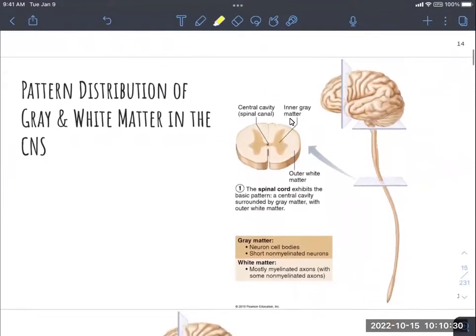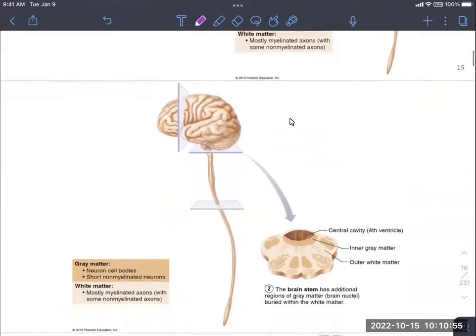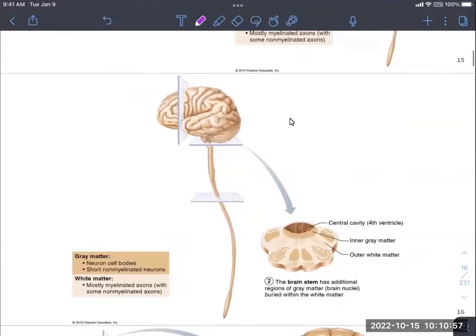So here, this is a slice of the spinal cord. You can see the gray matter here in that middle. Then the white matter is all on the outside, which are mostly myelinated neurons or axons of those neurons. Here is the brainstem.